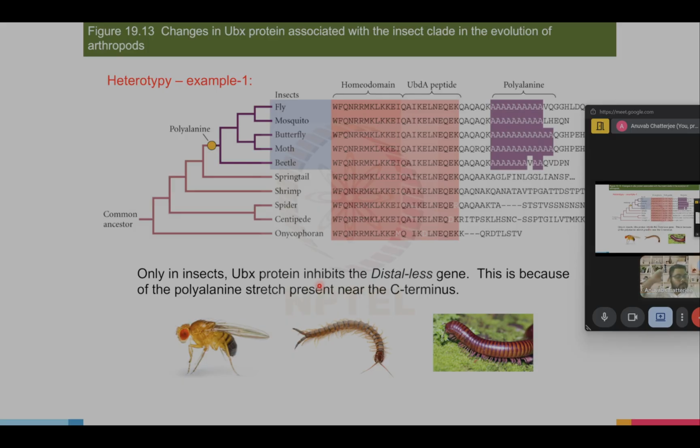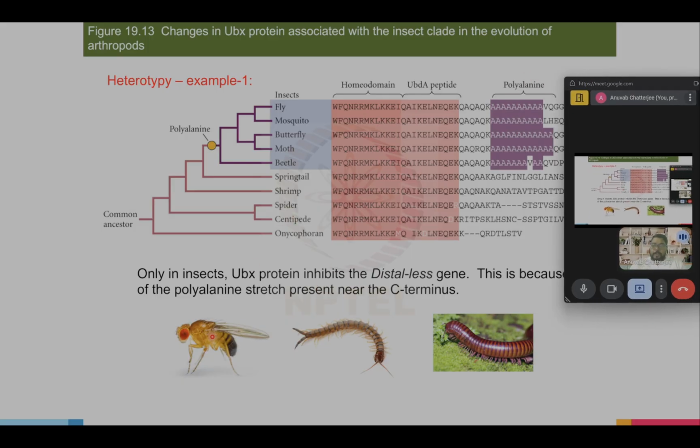In case of insects, we know that insects actually have a lot more legs than the vertebrates that we see around us, which are mostly tetrapods, 4 legs. But in case of Drosophila, they have 6. Centipedes and millipedes have much more. And why does this happen?